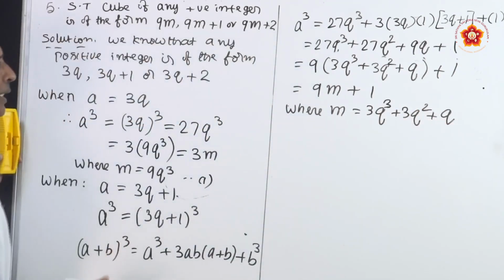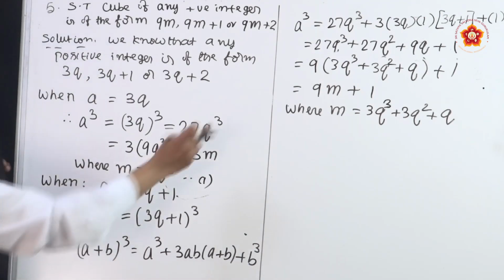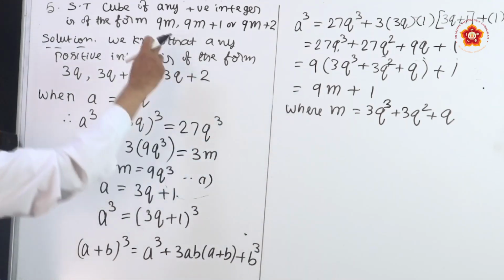Now the second condition also can be written in the form of 9m plus 1.